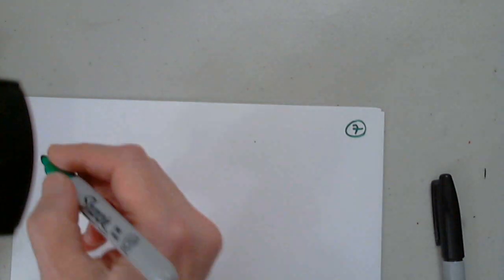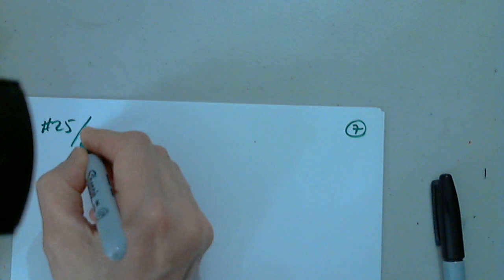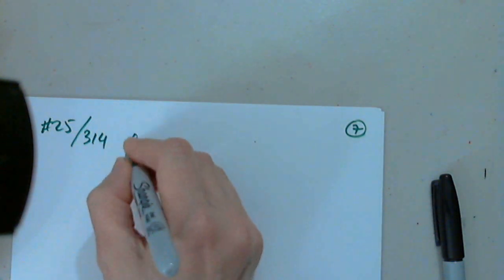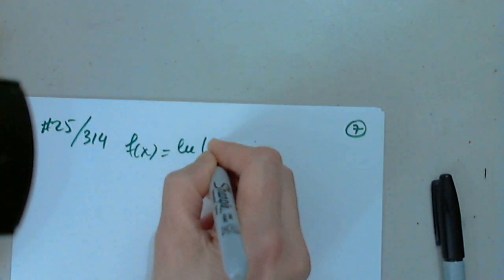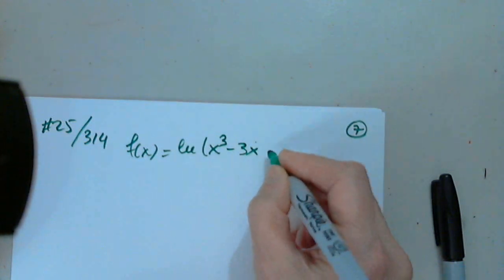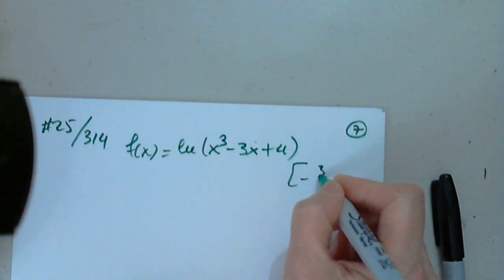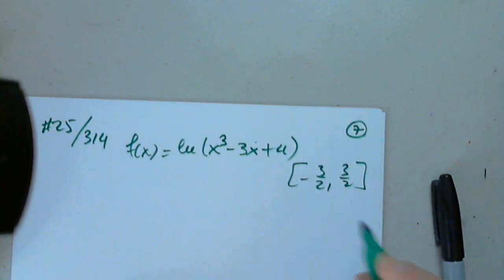It's asking us to find the absolute max and minimum values of each function over the indicated interval. Okay, so let's take a look. 25, 1, 3, 14, and we have f of x equals natural log of x cubed minus 3x plus 4, and the interval negative 3/2, 3/2.